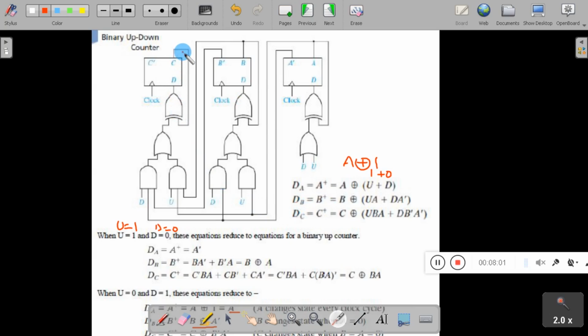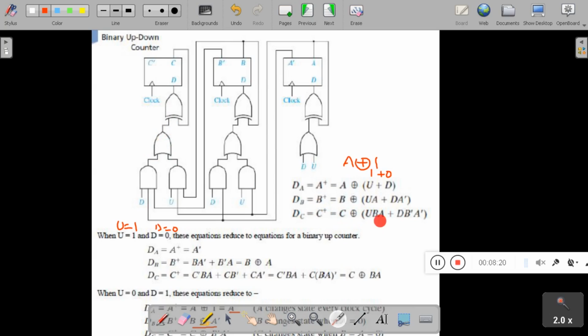DC is nothing but one input to the exclusive OR gate is C itself. The other input is based on this expression: UBA plus DB bar A bar. So let me take here one OR gate. The output of the OR gate is connected to the exclusive OR gate, and the input to the OR gate is two components.